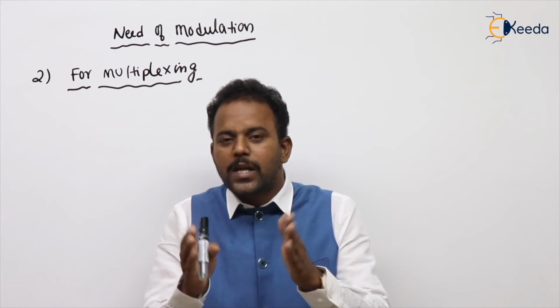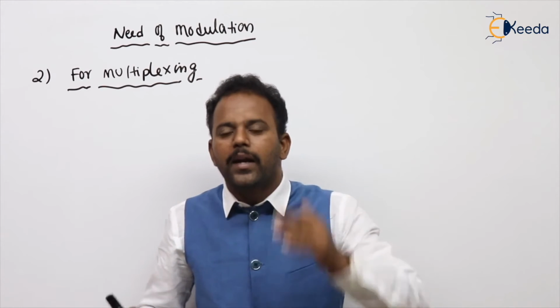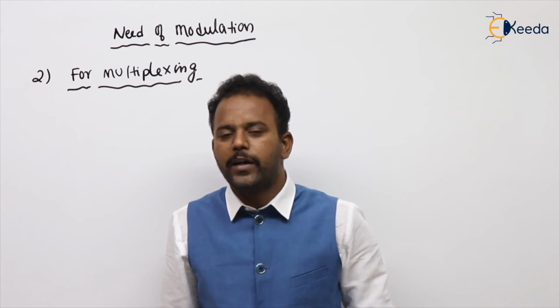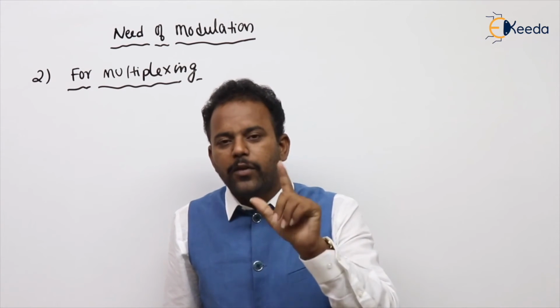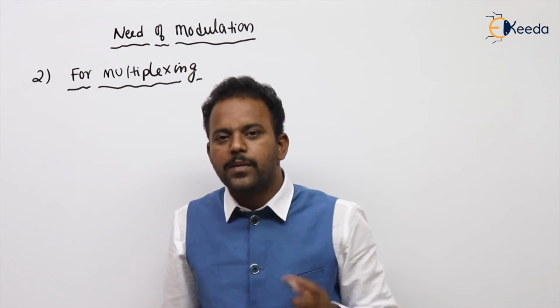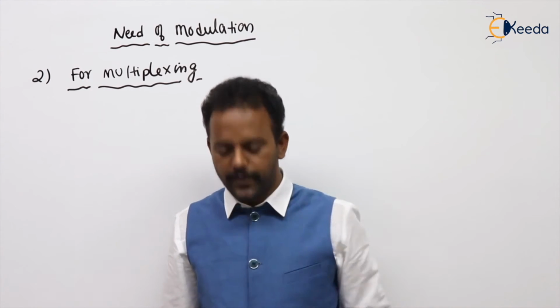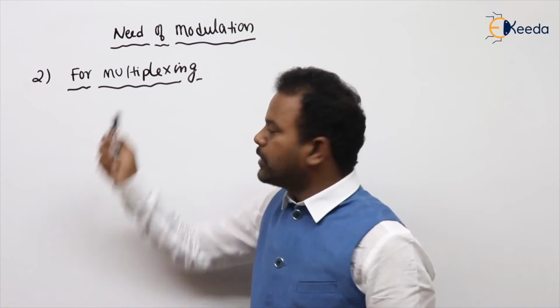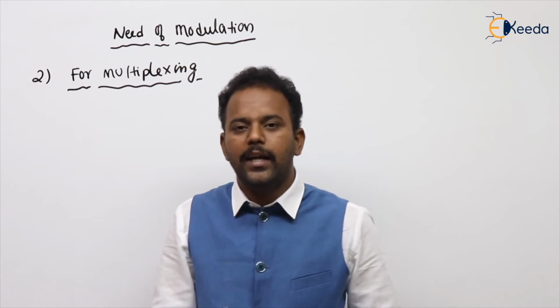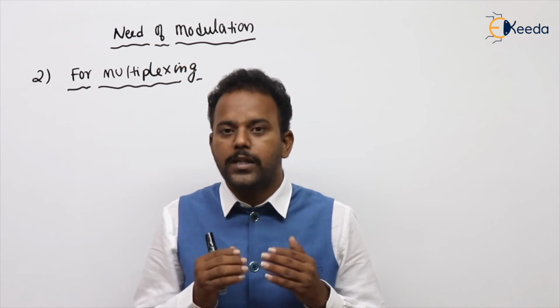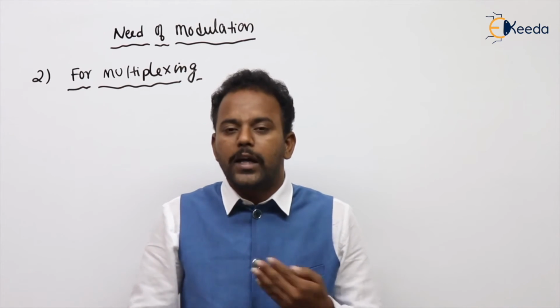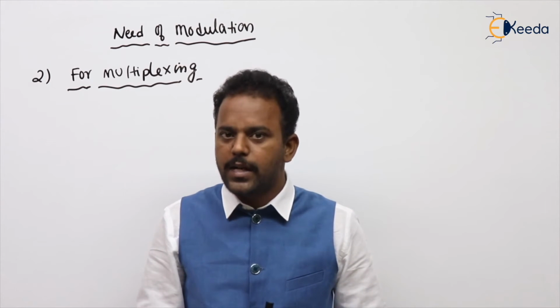So if we want to separate them properly, are you getting my point? We need different carrier frequencies, which means we need modulation. I am telling you this overall, and you will get further clarity in the FDM topic, that is the frequency division multiplexing topic. You will get full clarity there. Do you understand my point?